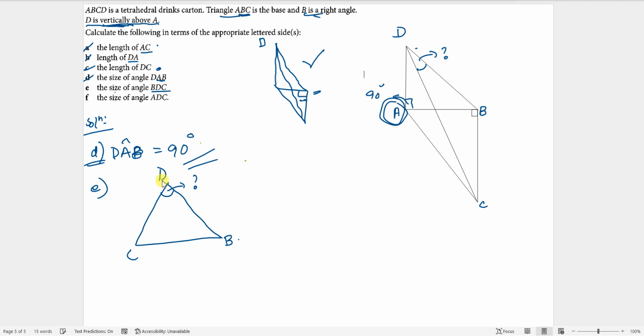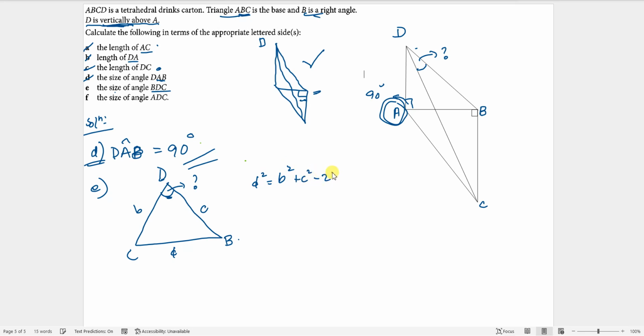So according to the triangle formula, if this is D, you just write a small d here. This is B, you write small b to the opposite. C, you write small c to the opposite. So the formula becomes d square is equals to, since you have to find angle D, so we write d square is equals to b square plus c square minus 2bc cos angle D. This is the formula.